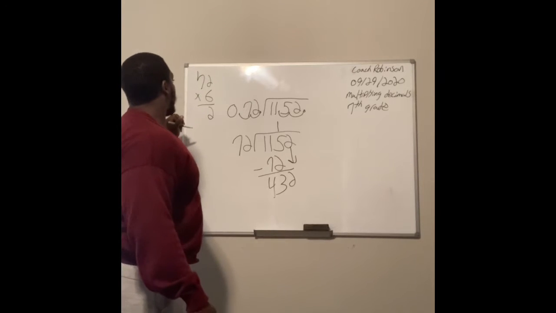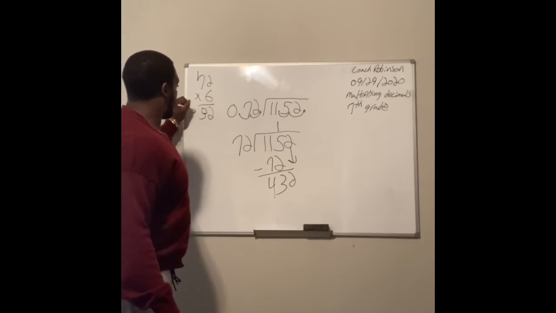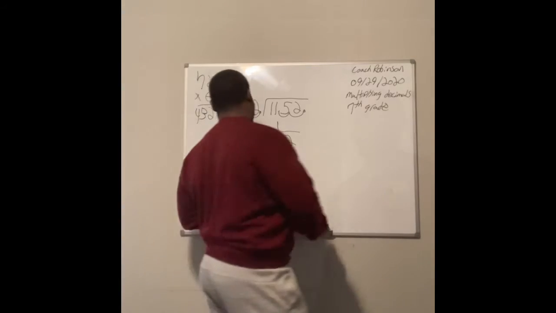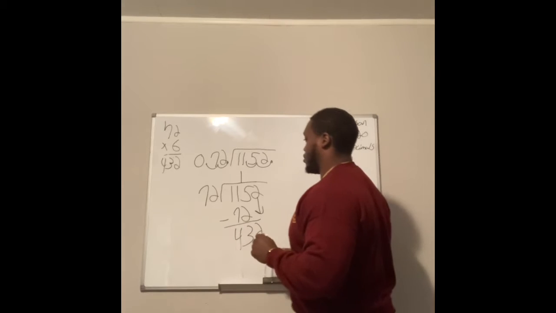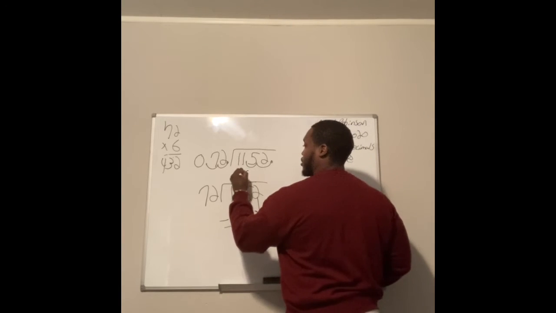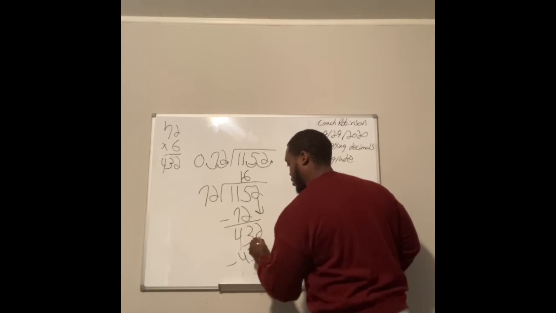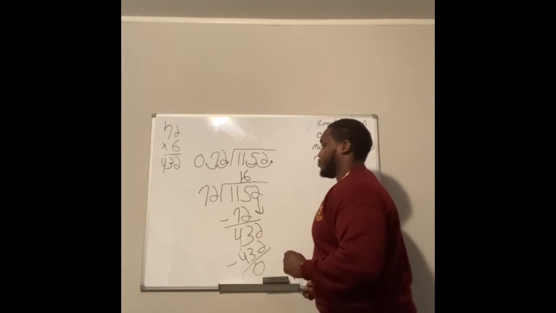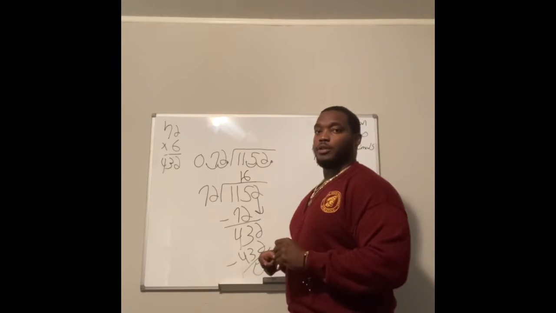Carry the 1. 7 times 6 is 42, plus 1 is 43. So therefore, 72 times 6 is 432. So we're going to put our 6 here, and 432 minus 432 is 0. So 72 times 16 is 1152.